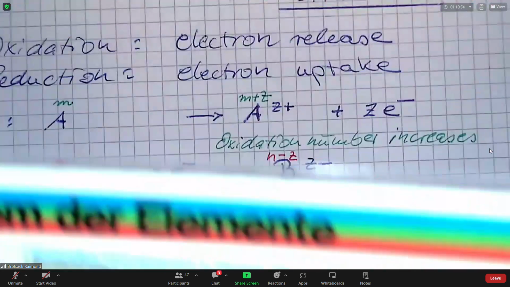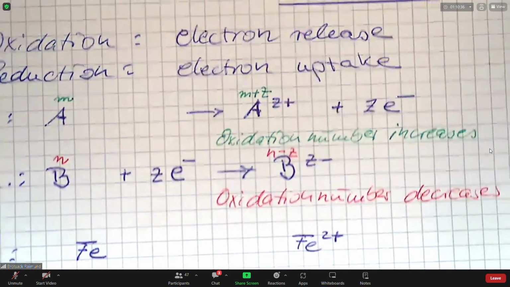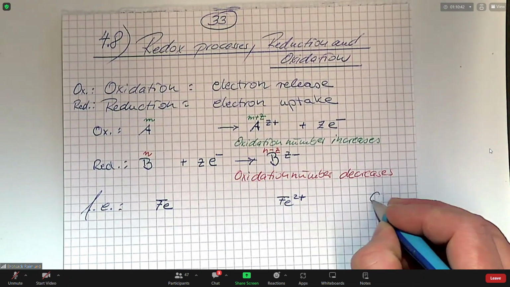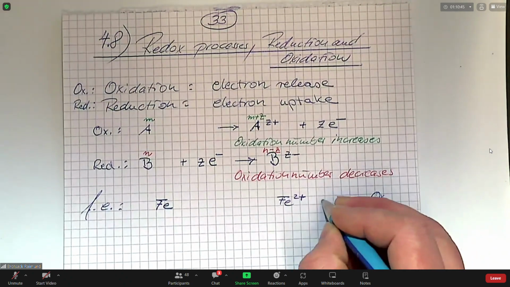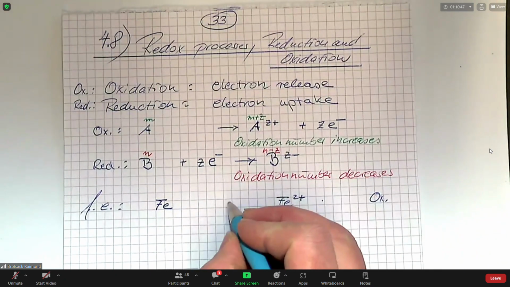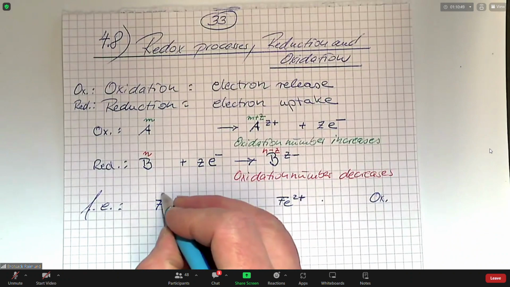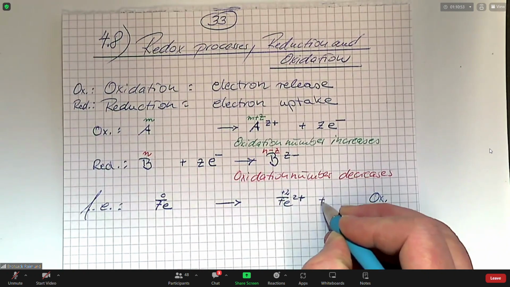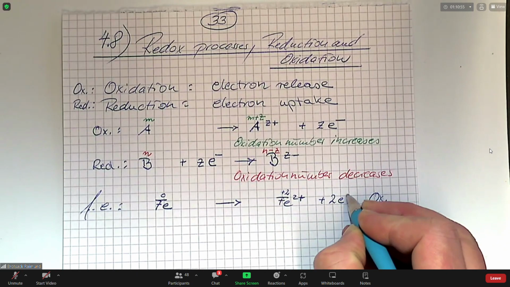But when we look now at this equation, even +2 is possible. So this is an oxidation, of course. When we transfer it from 0 to +2, 2 electrons are released.